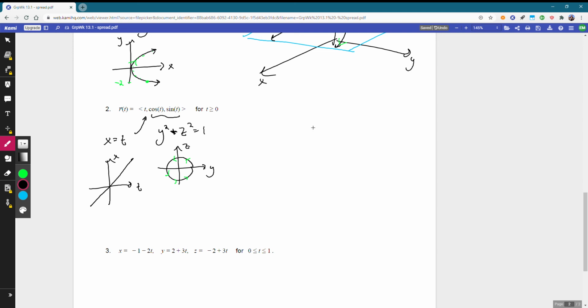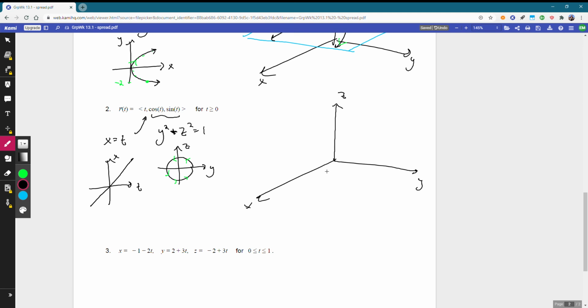And so putting that together in 3 space, again, we're going to be moving in the xy direction around the unit circle for negative values of t.